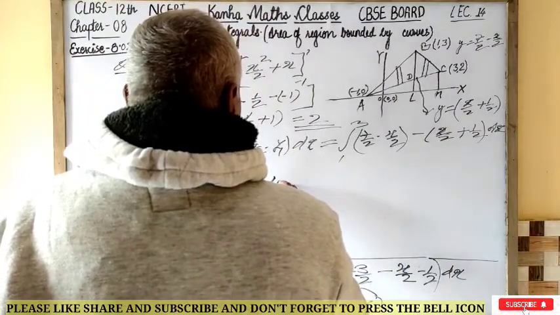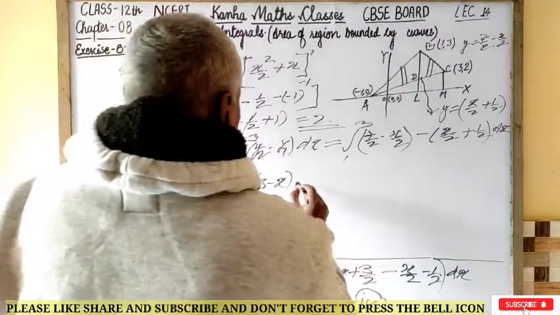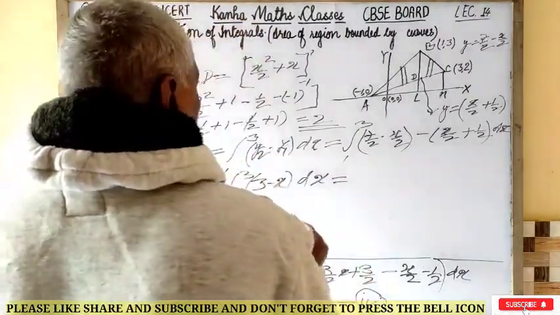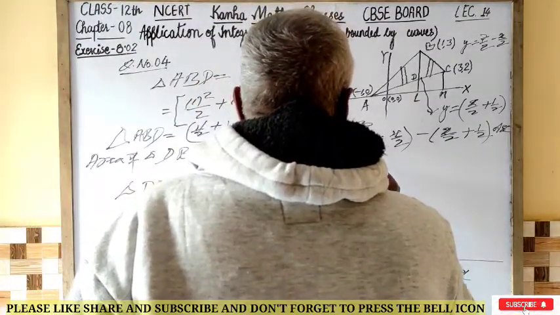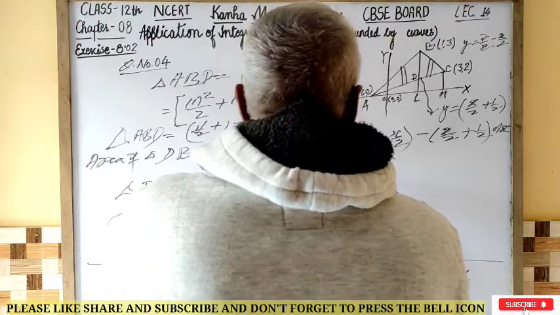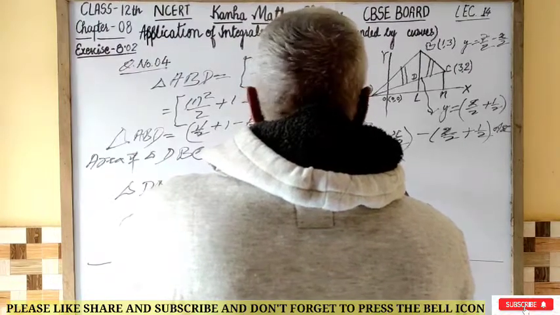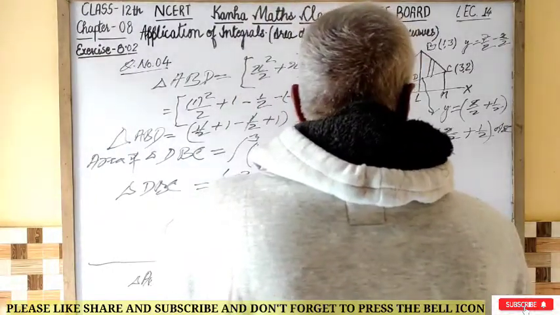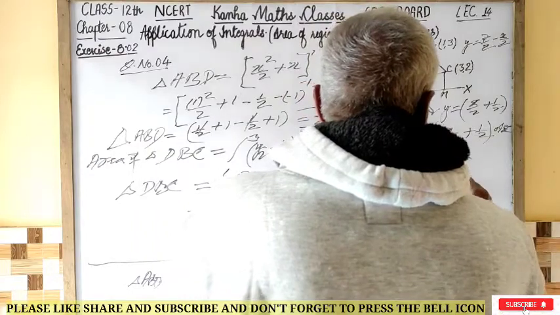This dx will be equal to integral 1 to 3 of 3 dx minus integral 1 to 3 of x dx.